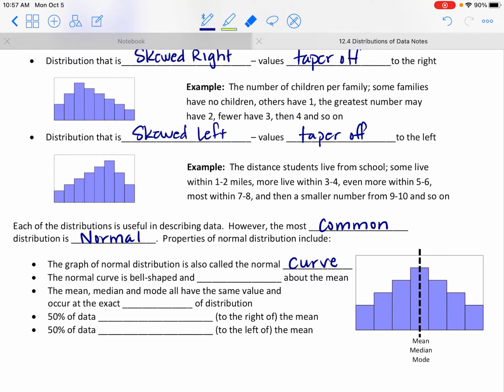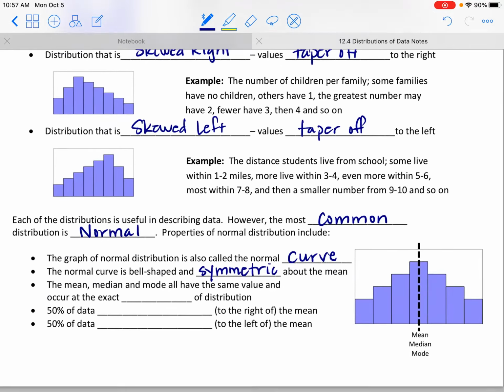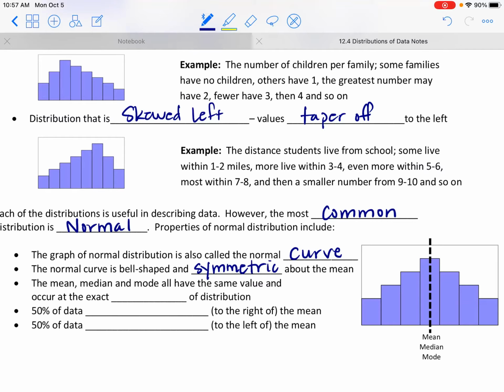What happens with this type of distribution is that we are symmetric about the mean. So what happens with normal distribution is that your mean, median, and mode all happen at the exact center.